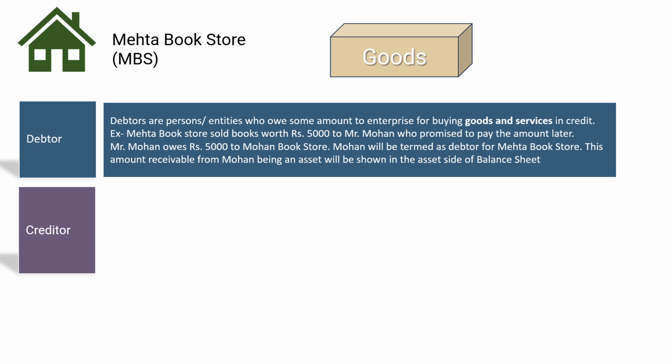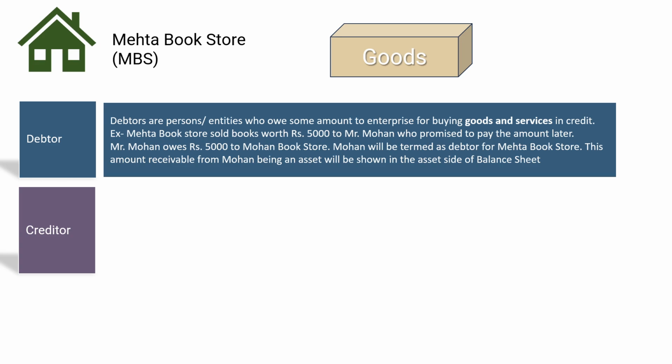So Mr. Mohan owes 5,000 to Mehta bookstore and will be termed as debtor. Debtors are an asset because Mehta bookstore has to receive the money, and hence debtors are assets.